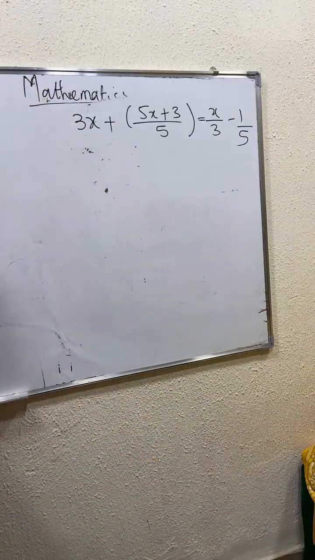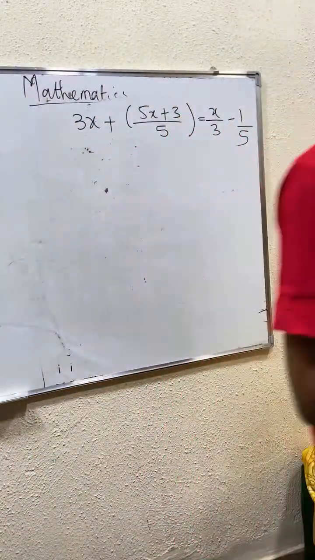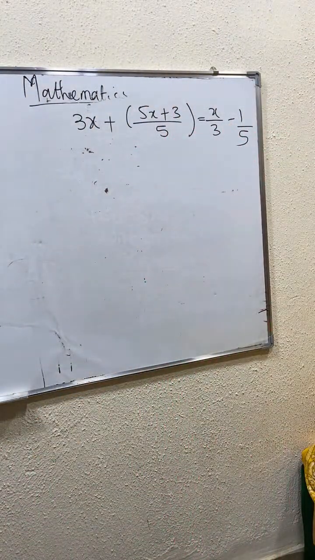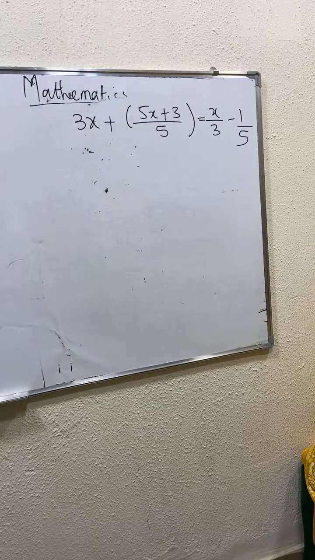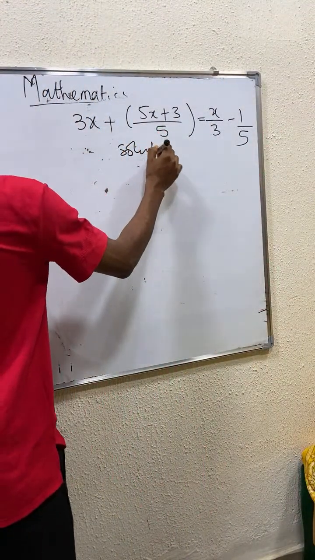But it's definitely simple. It's not something to panic about. What is the LCM of the denominators in the fractions? 15. The LCM is 15. So we'll multiply through by 15.